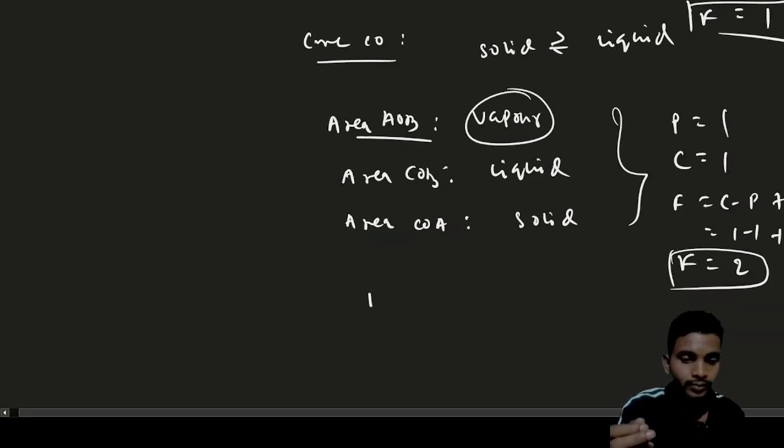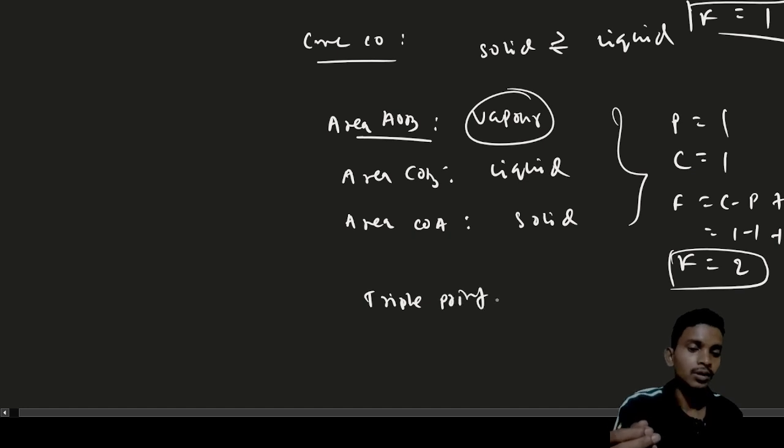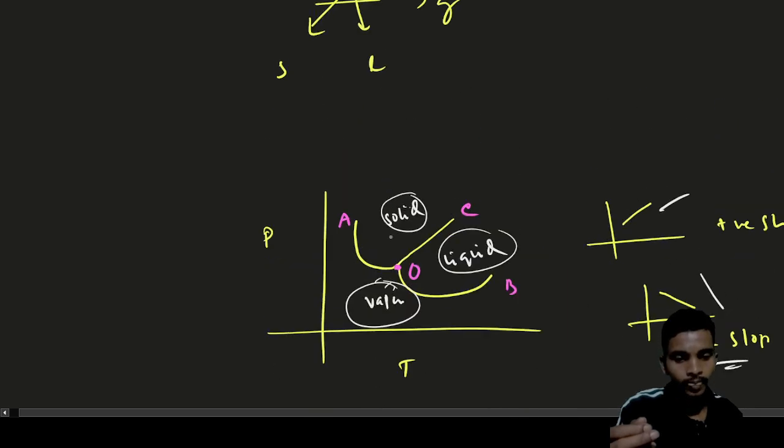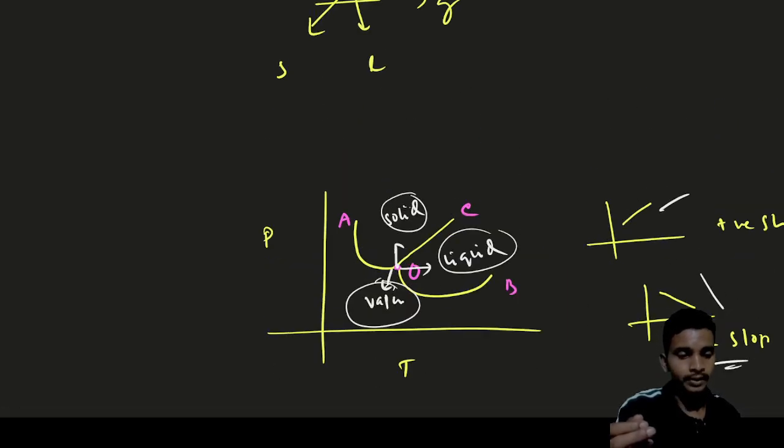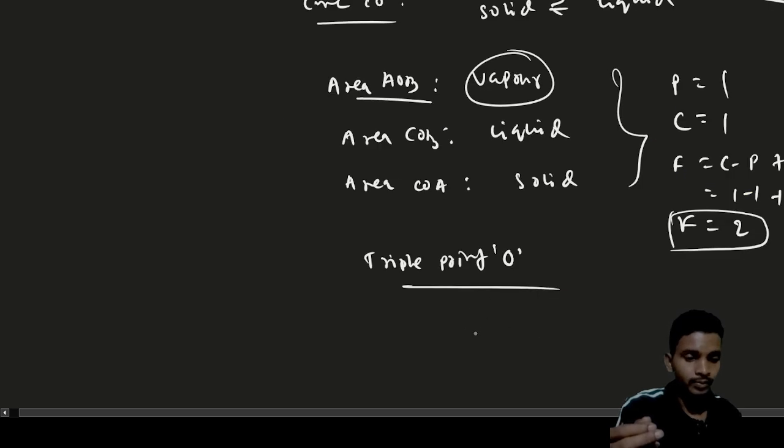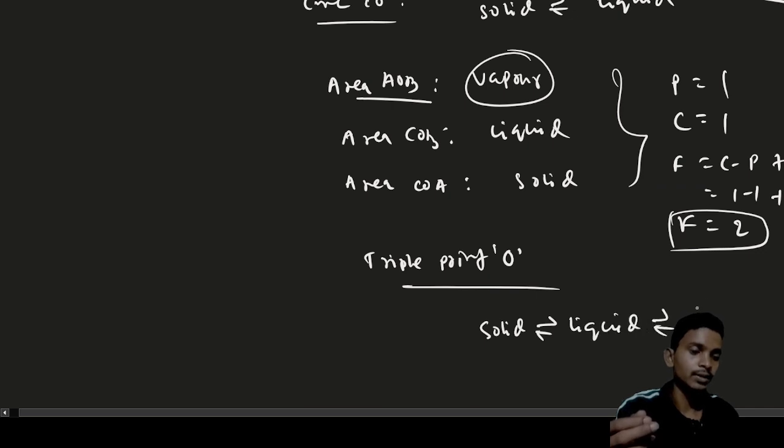Similarly, at the triple point O, solid, liquid and gas are all present. So 3 phases are in equilibrium: solid in equilibrium with liquid, in equilibrium with vapor.